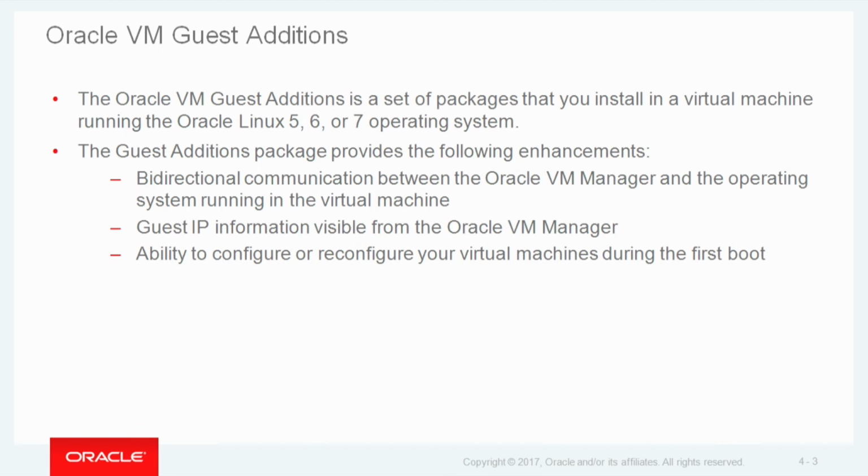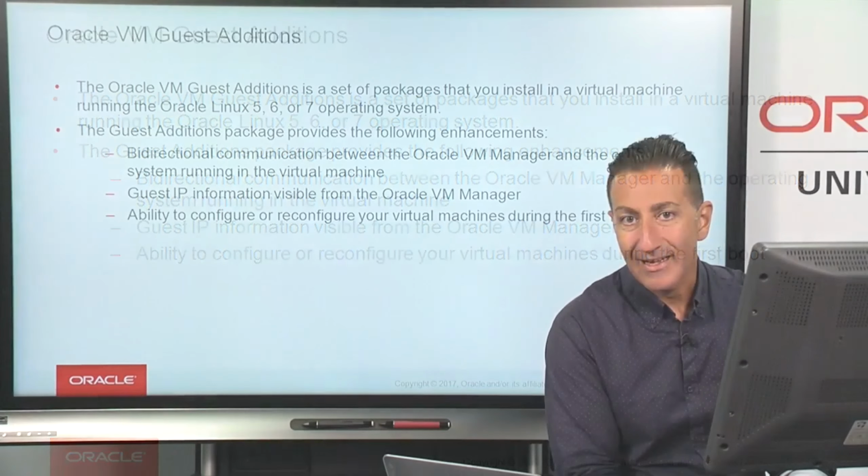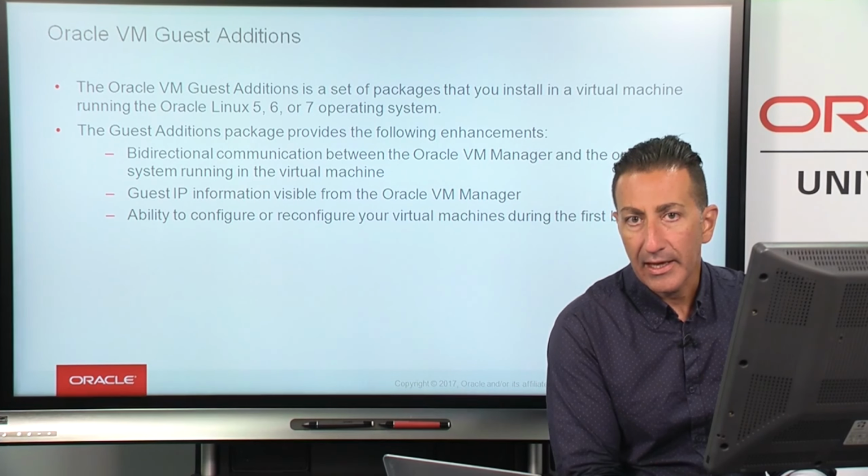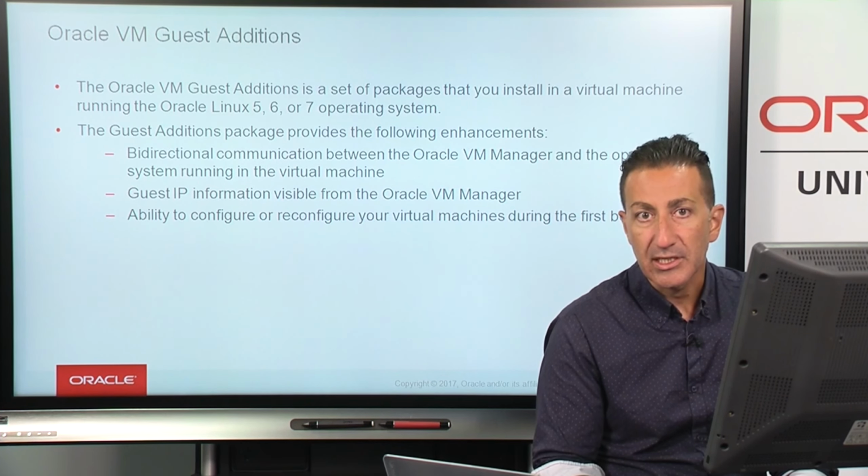So the first time you boot the VM, it asks you to provide information such as the host name, IP network configuration, the root password, and so on. There is the option to automate this process during this first boot using these guest additions.